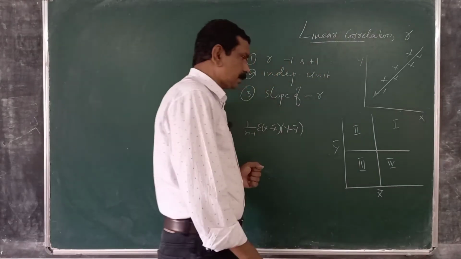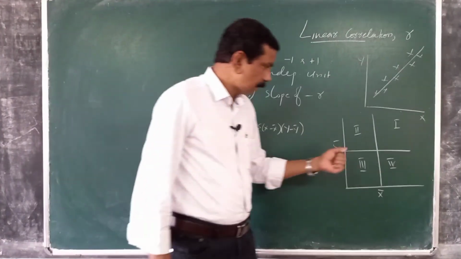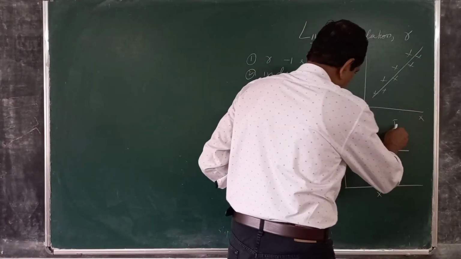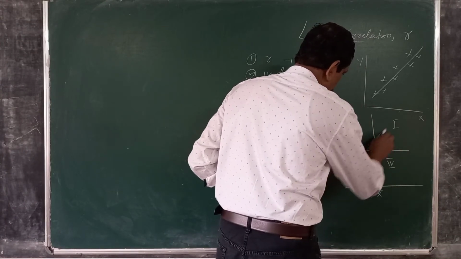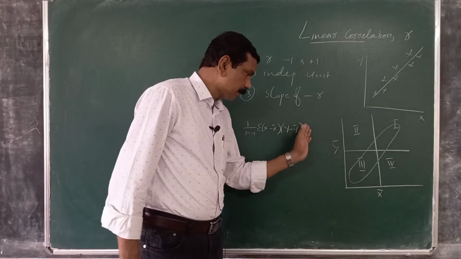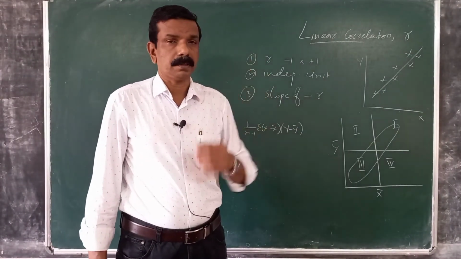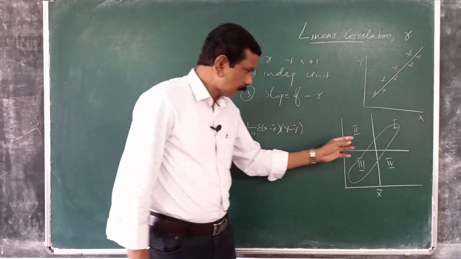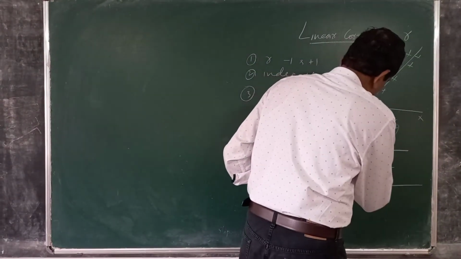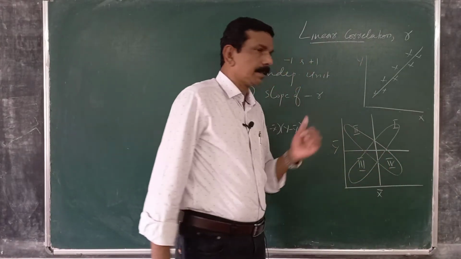You can see that if most of the points are in the first and third quadrants, you have a positive value in the numerator. The denominator is always positive. Similarly, if most observations are in the other quadrants, you have a negative value in the numerator.